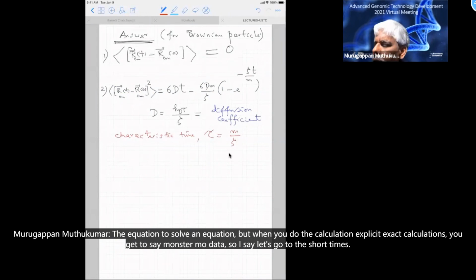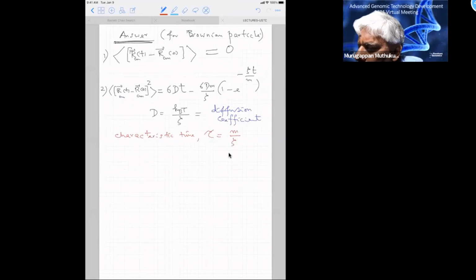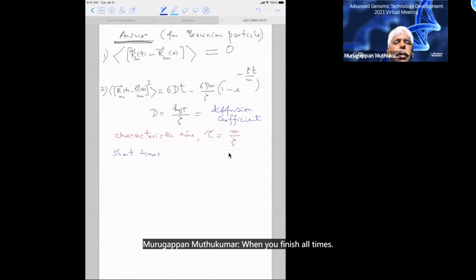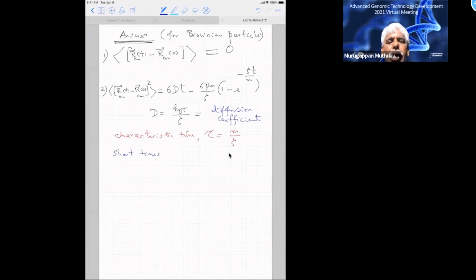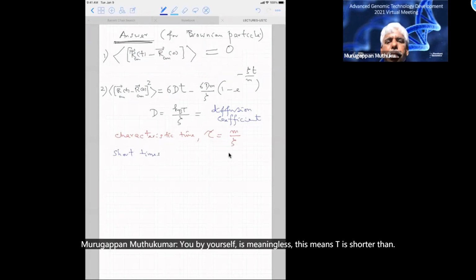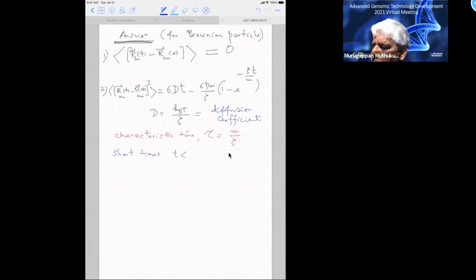So let's consider short times. When I say short times, by itself it is meaningless. This means t is shorter than tau.